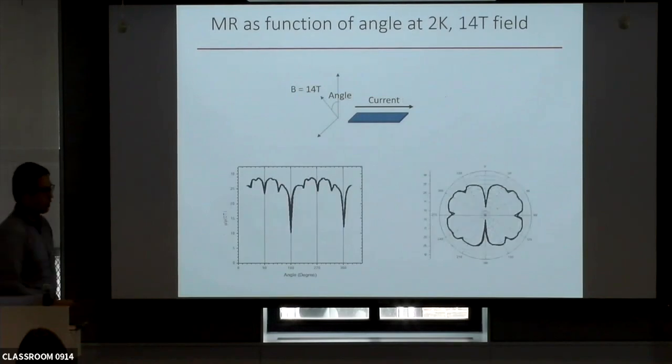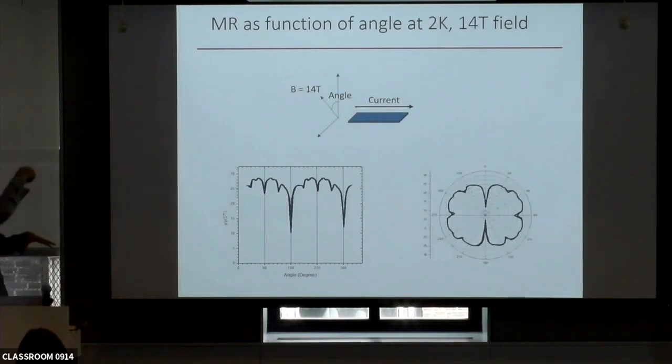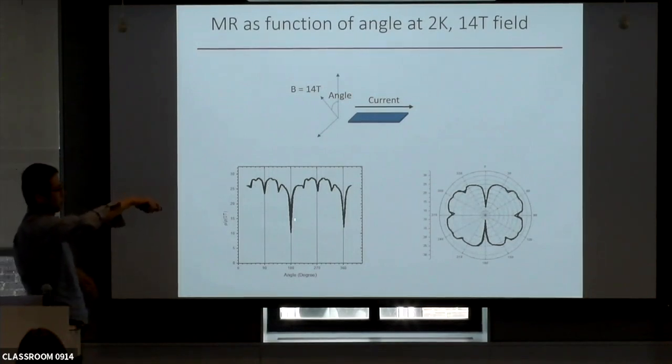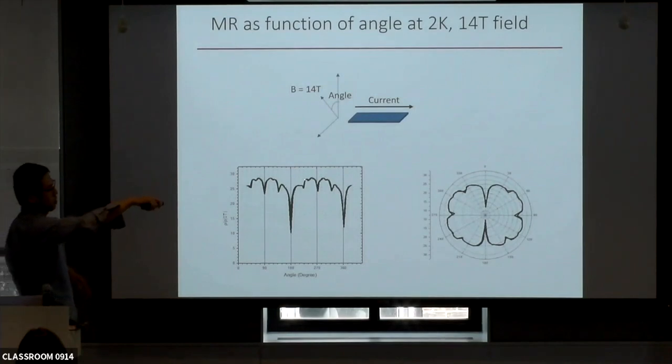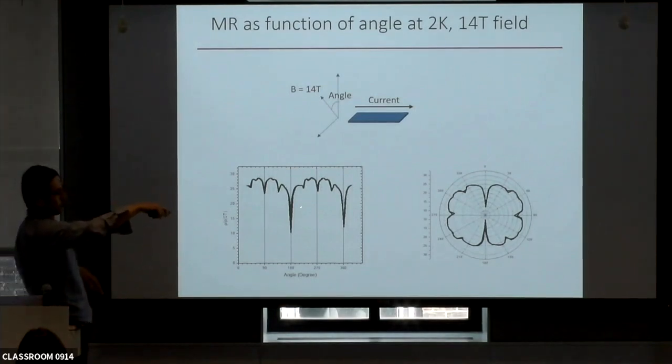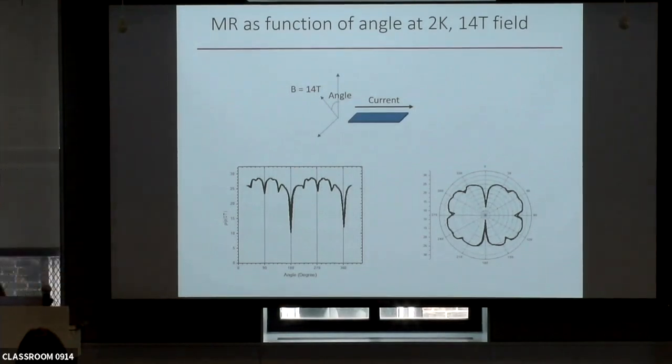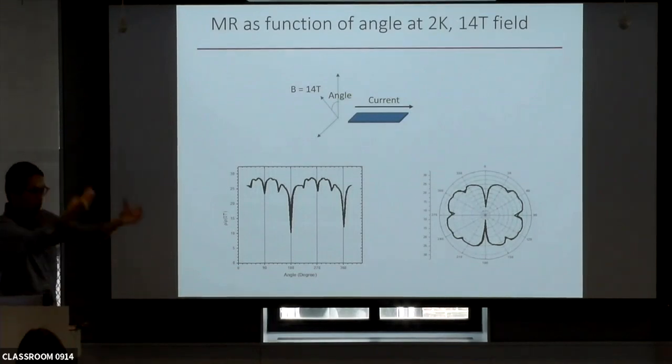However, if you go to low temperature with a field much beyond the quantum limit, then you begin to see some very distinct peaks in the angle dependence of magnetoresistance. You see this very sharp dip at 45 degrees, 62 degrees. It's really interesting because you shouldn't expect any feature as a function of angle once you go into the quantum limit.